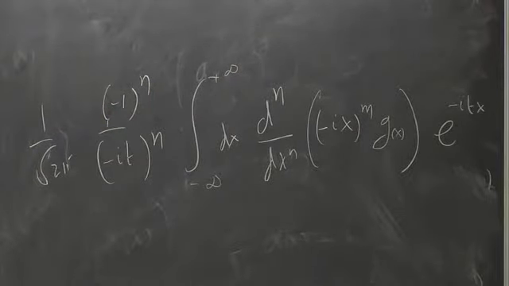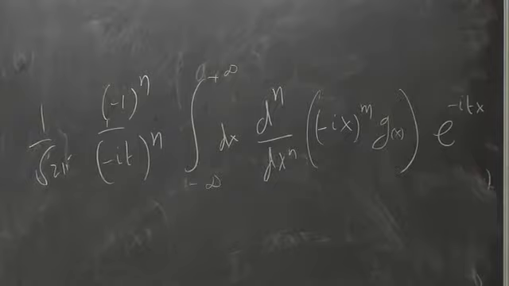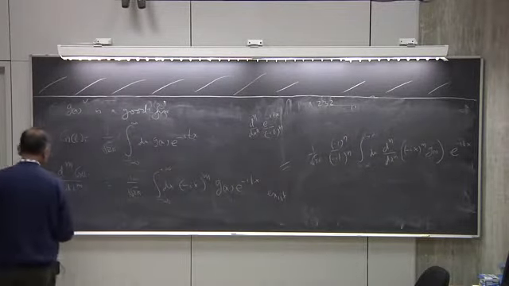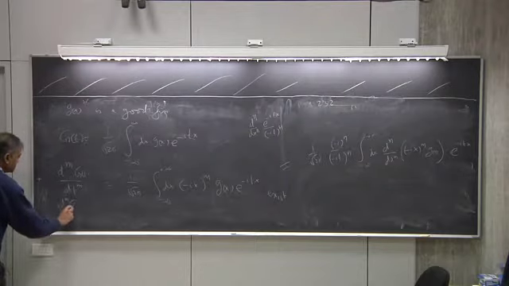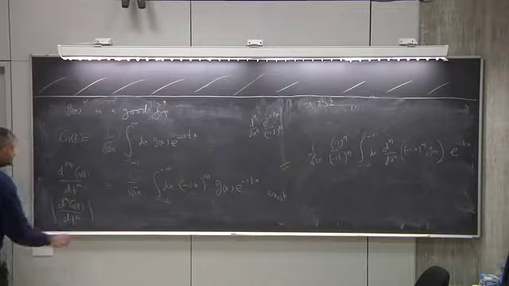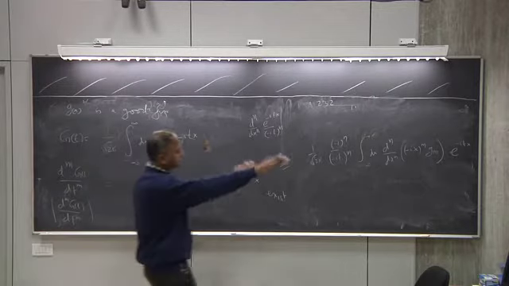So this quantity is equal to that. If I take the modulus of the m-th derivative of g(t), that is going to be the modulus of that.